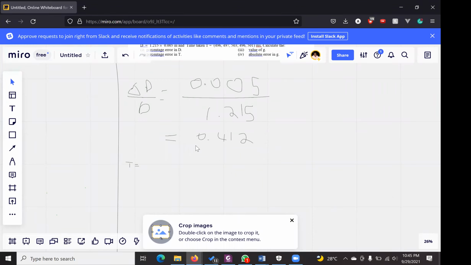All right, so we're going to do a little lecture. To work out this, when they give us multiple values like this, we have to do a little bit more. We have to find that error on our own. The first thing you want to do is find the average.